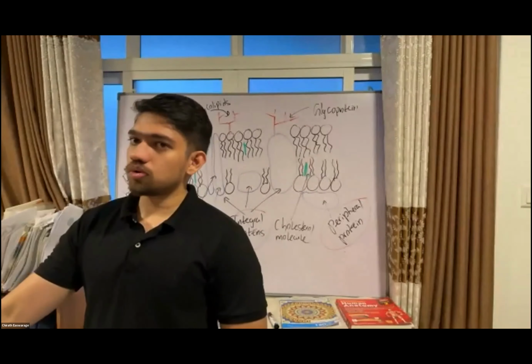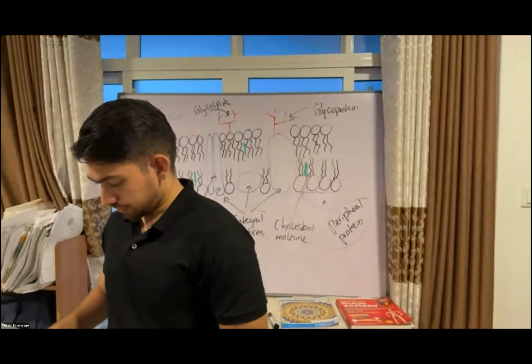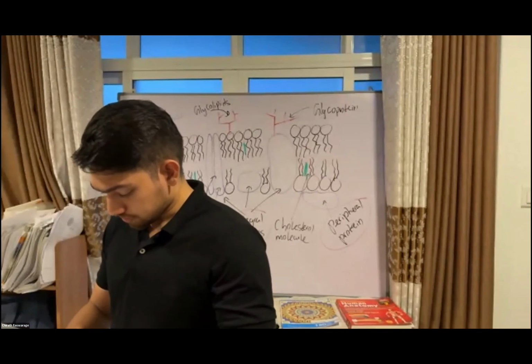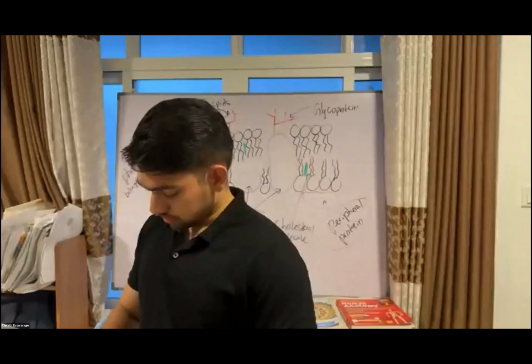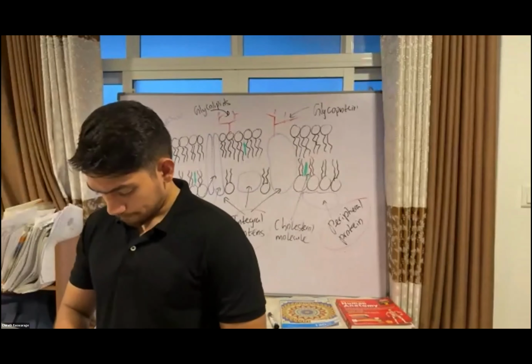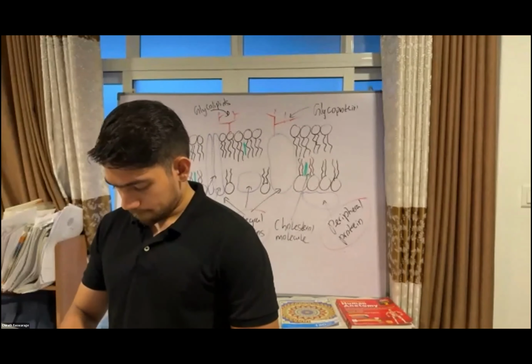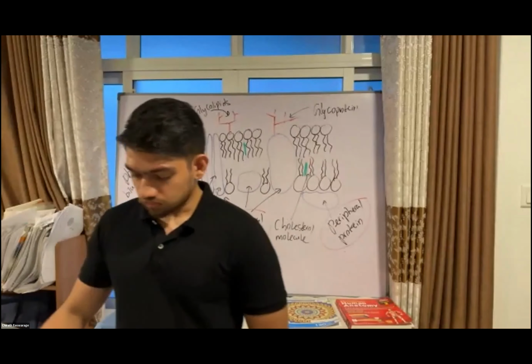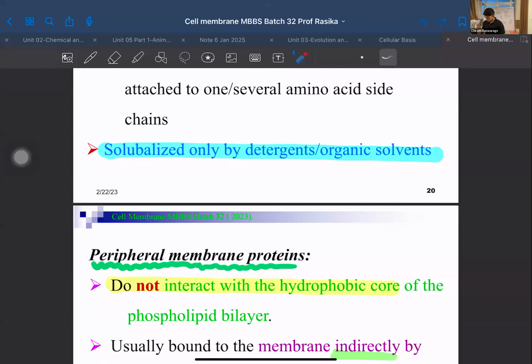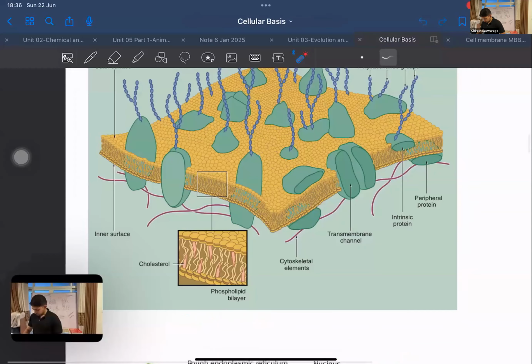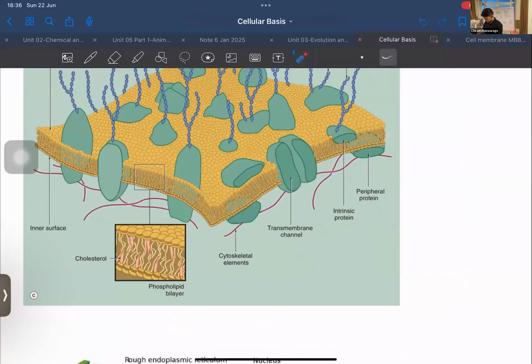Right. So let's go to the diagram that I have given in your tutorial, and let's label it. I think this is a bit too detailed for you, but can you see?